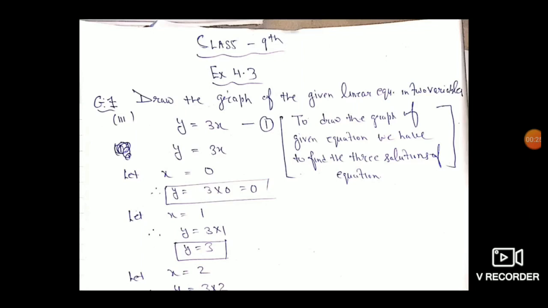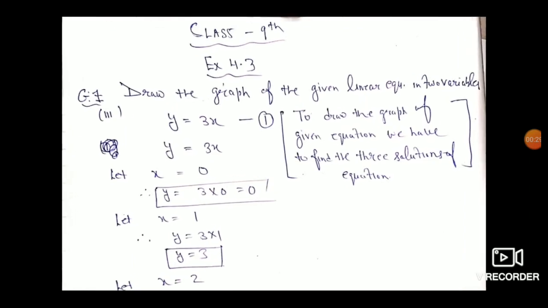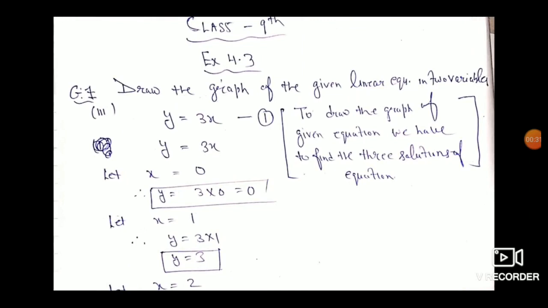graph paper. So to draw any given equation on the graph paper, first of all you have to find its minimum 3 solutions. So to find the solution, our given equation is y is equal to 3x.